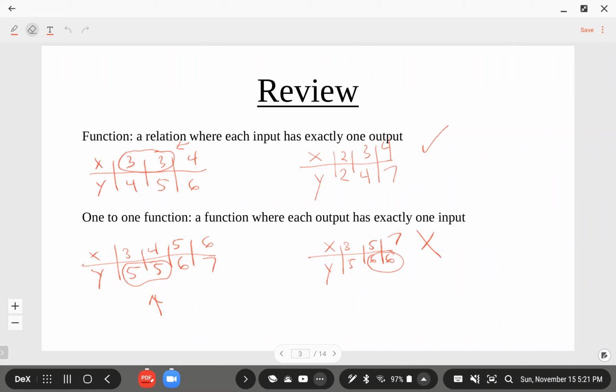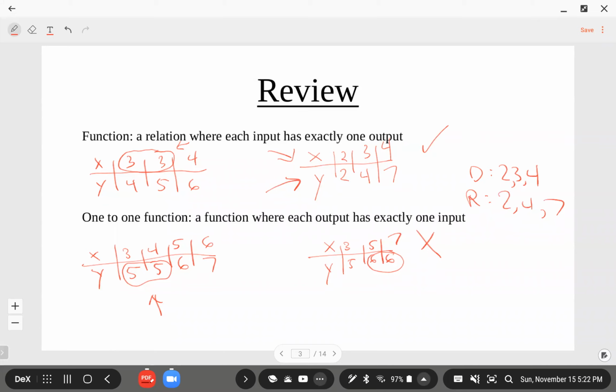The domain of this particular function would be 2, 3, and 4, because that's the list of all x values. The range, like the domain, is the list of all y values. So the range right here would be 2, 4, and 7.